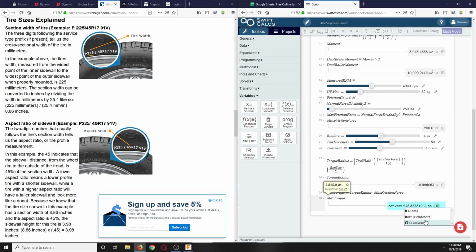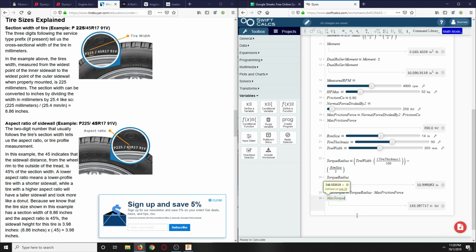Foot force times pound force. There. Joules is energy, so it's the same unit as torque. Okay, so 183 foot-pounds.